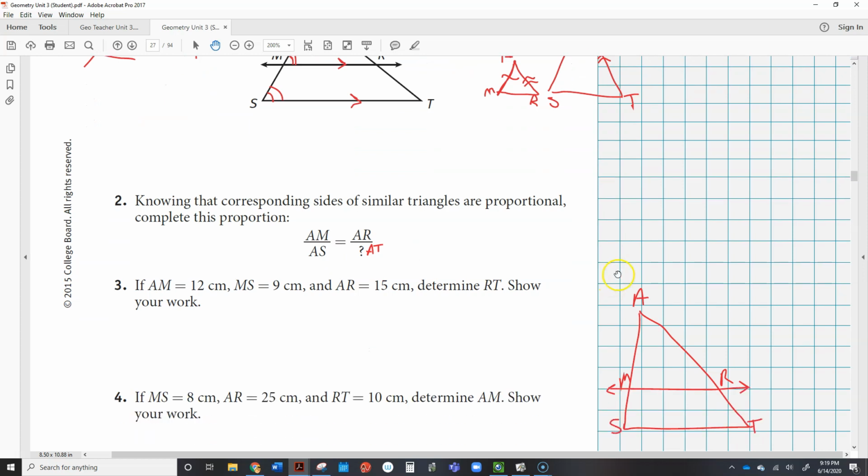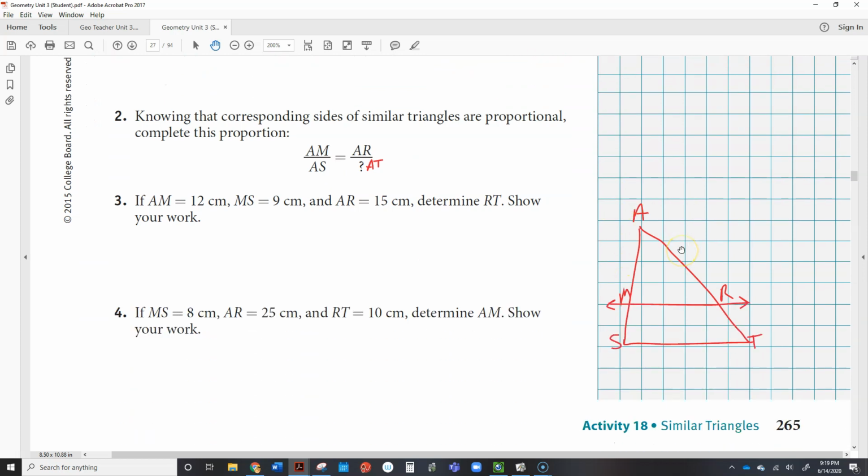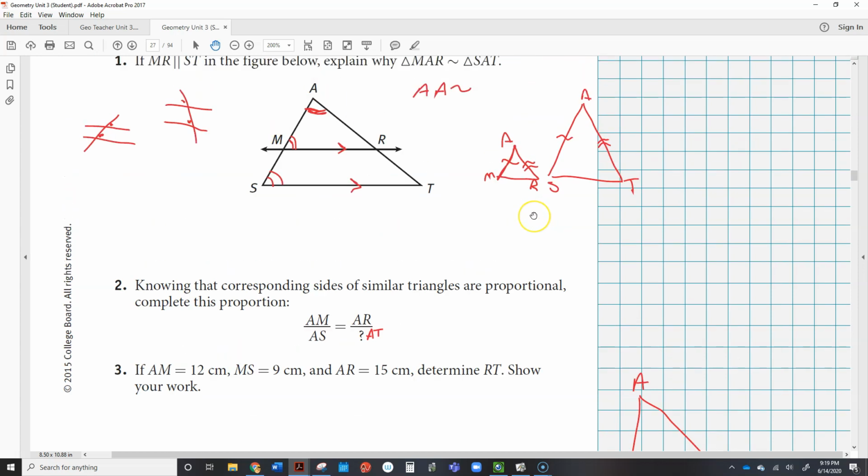Okay, so now they want us to do if AM is 12 and MS. Well, MS is not part of my ratio, so I need to see my picture. So AM is 12 and MS is 9 and AR is 15. How would we determine what RT is?